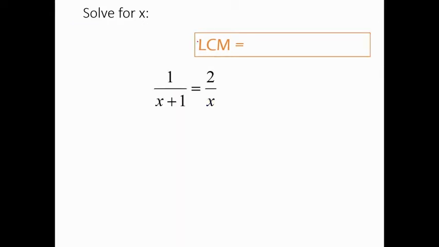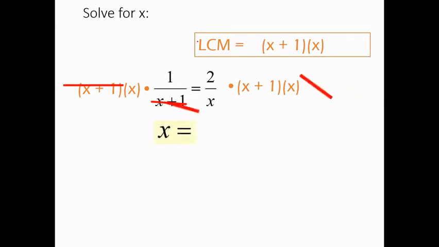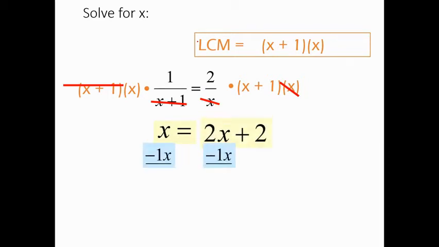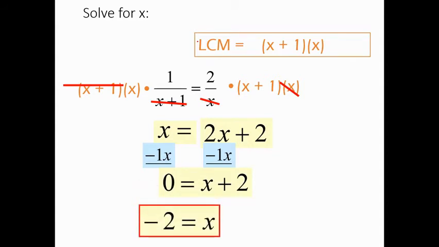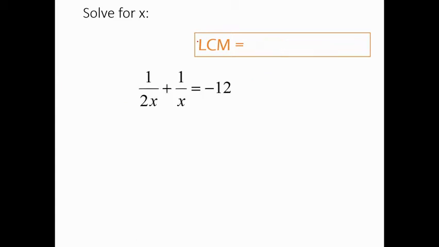What's our LCM here? That's right, it's x plus 1 and x. Again, you can multiply both sides, cancel out what you don't need to get rid of the denominator, and then you're just going to solve for your x as a -2. Now, if you plug a -2 in there, notice again, your denominators do not turn to 0, so this is good.